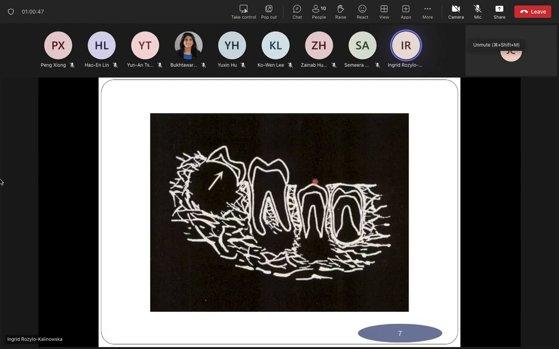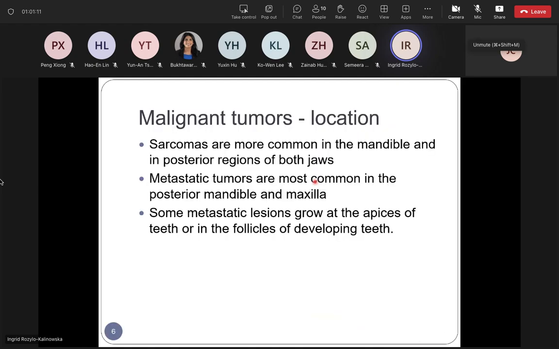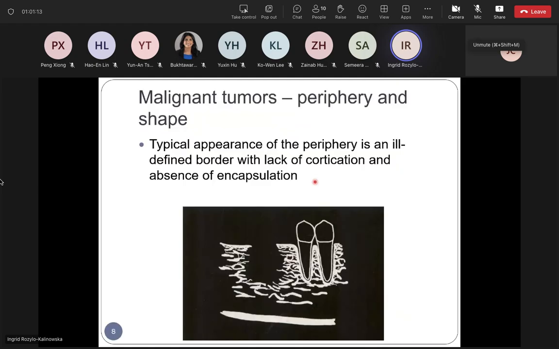The malignant tumors also have some characteristic features. If they grow in a young patient in a tooth germ, they may promote earlier exfoliation of such tooth germ, and their typical appearance is ill-defined.